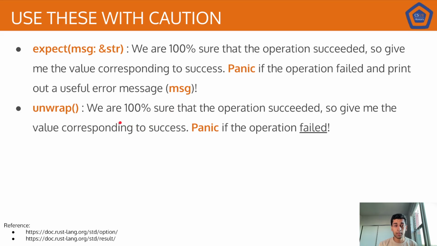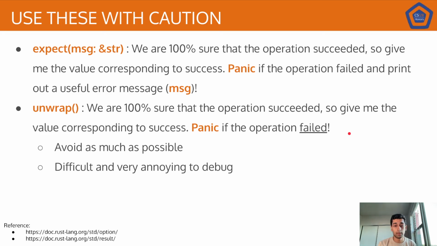And then unwrap, we are 100% sure that the operation succeeded. So extract the value corresponding to success and panic, crash the program if the operation failed. Avoid this as much as possible. It's extremely difficult and very annoying to debug. So this is just a fair warning for whenever you want to use this on your MPs, try and avoid this as much as possible.